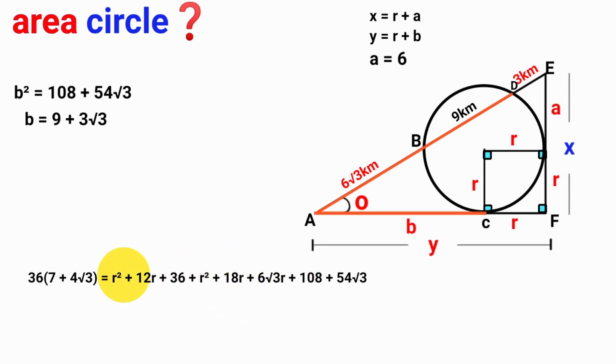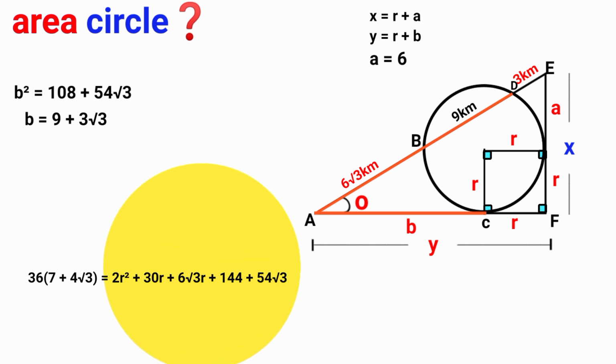This r squared plus this r squared is 2r squared. 12r plus 18r is 30r. 36 plus 108 is 144. From 2r squared plus 30r plus 6 root 3 r plus 144 plus 54 root 3, we can factor out 2. So it is 2 times (r squared plus 15r plus 3 root 3 r plus 72 plus 27 root 3).